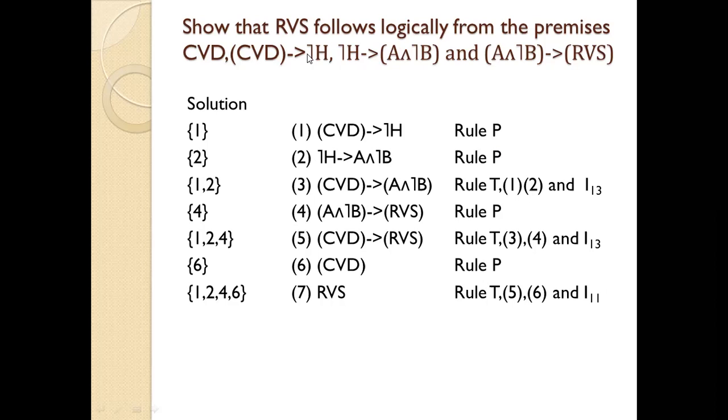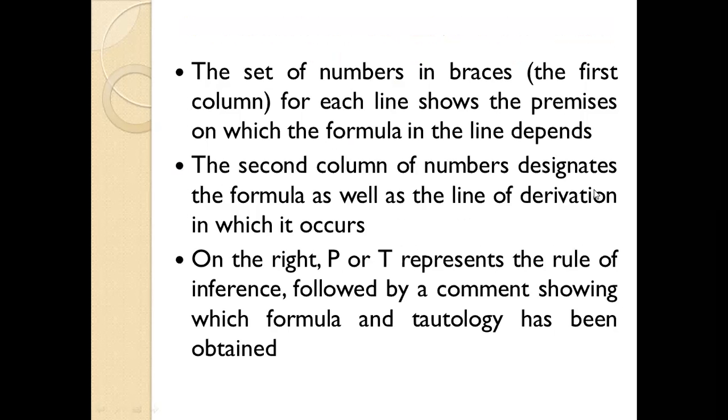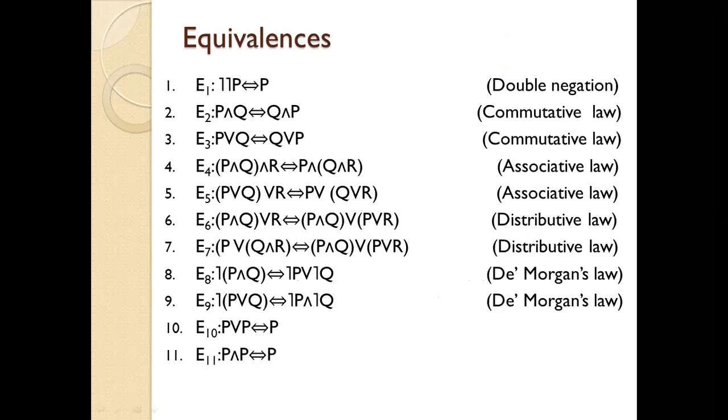According to these two premises, this one and this one we have written, and we'll come over here in the third row where, see here, P implies Q, Q implies R. It means P implies R. Identity number 13.